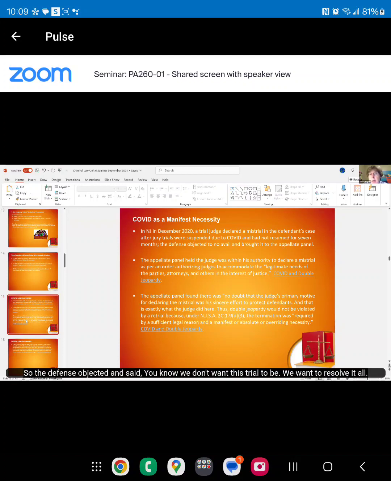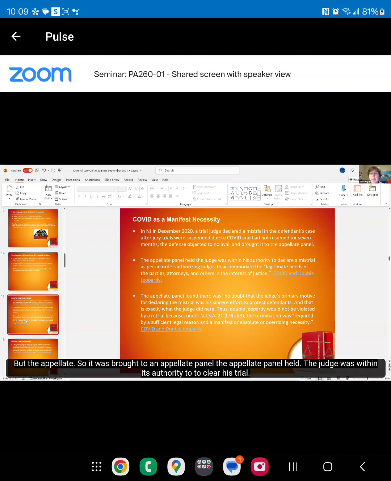So the defense objected and said, no, we don't want this, we want to resolve it all. But it was brought to an appellate panel. The appellate panel held the judge was within his authority to declare a mistrial because of the legitimate needs of the party's attorneys.